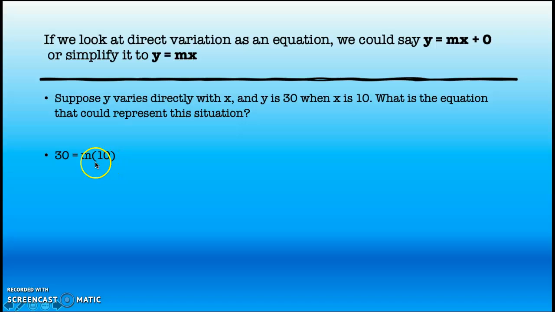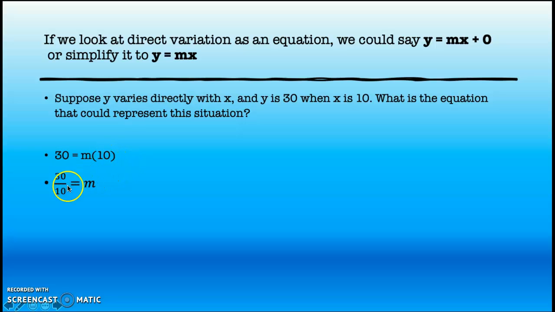We're plugging into this equation right here. To find that slope, we need to isolate the m by itself. Right now we have m multiplying times 10. Well, we need to undo that. So what's the opposite of multiplying times 10? Dividing by 10. So we're going to divide by 10 on both sides. And then we end up with 30 divided by 10 equals m, because the 10 would have canceled out when it divides by itself.